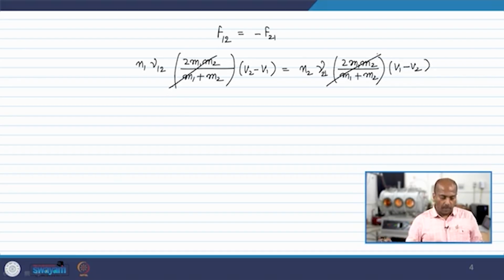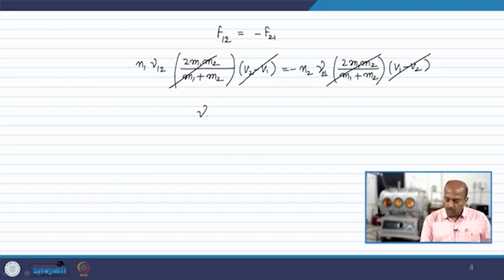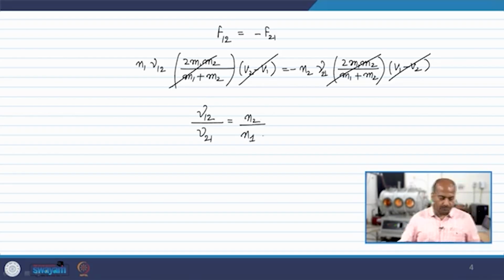Of course, the common factors can be cancelled, which will give you a minus sign here. So, nu 12 divided by nu 21 is nothing but N2 by N1. Of course, there is a minus here already, so this will give you plus.